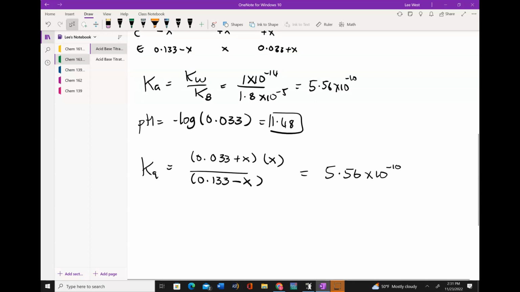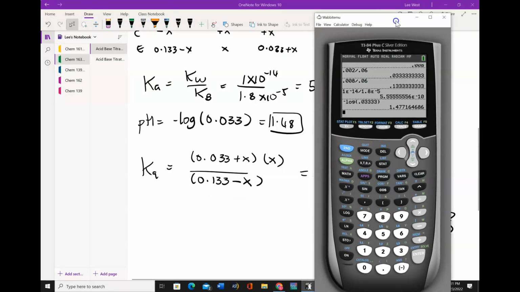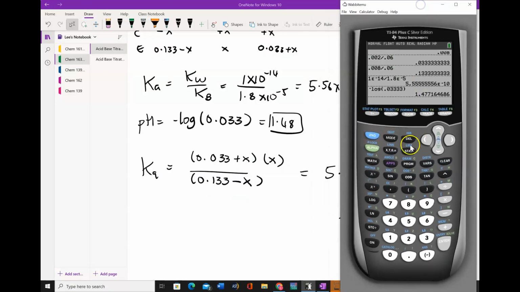Now our value of x has to be somewhere between 0 and 0.133. So let's set this up. Let me try and move this over so you can see it all. Math solver.